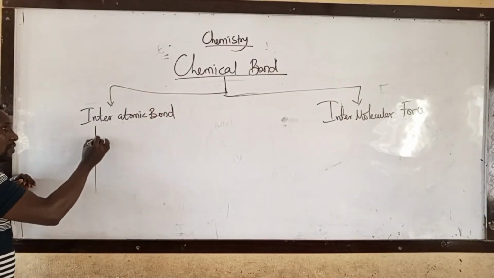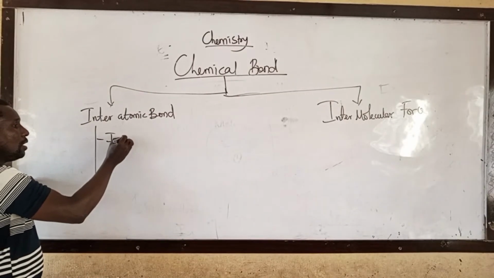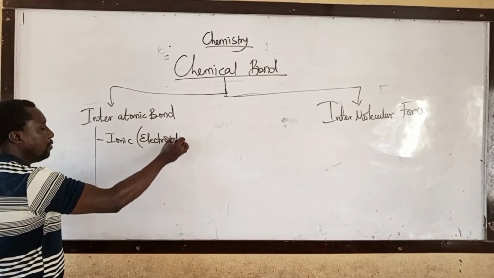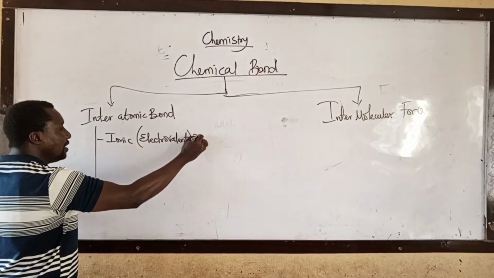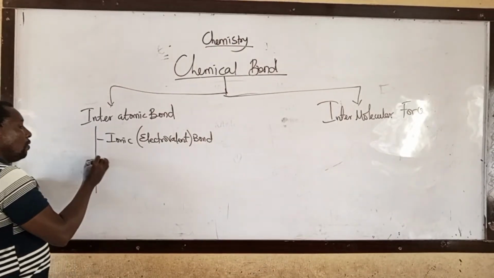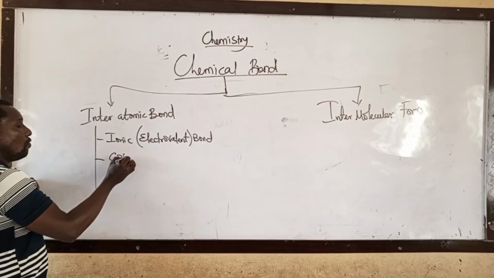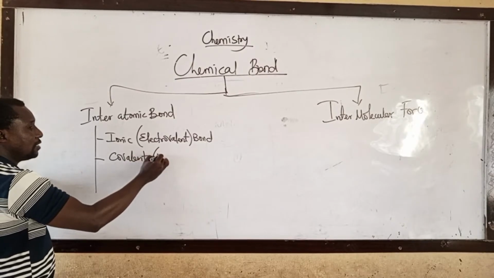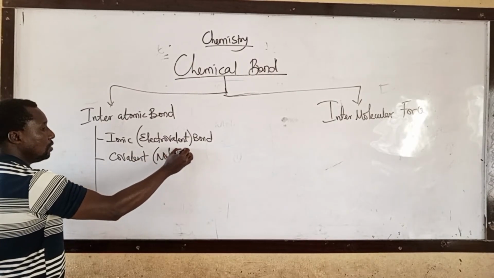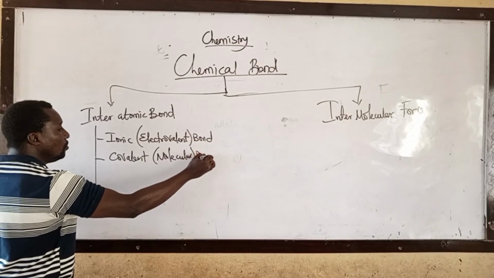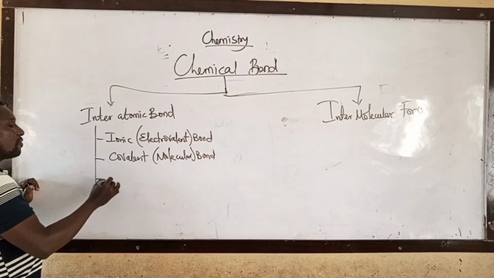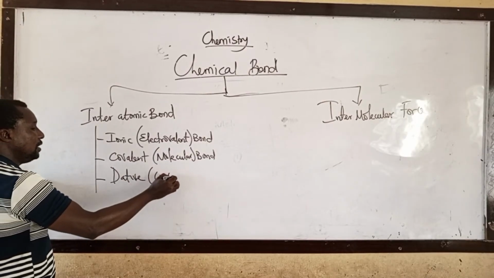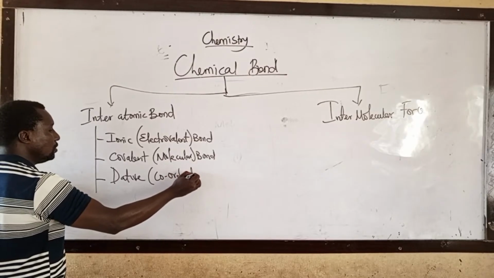Under interatomic bond, we have ionic bond, also known as electrovalent bond. We have covalent, also known as molecular bond. We have dative bond, also known as coordinate bond.